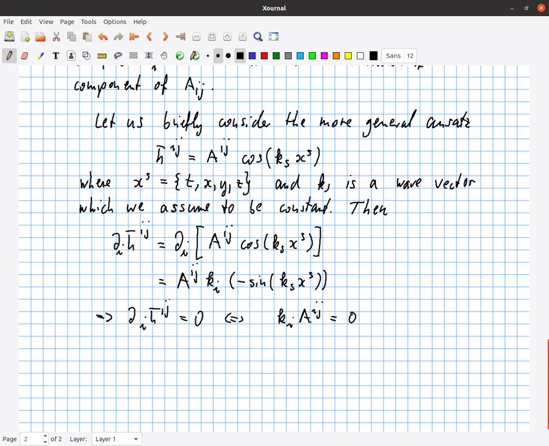And these 4 equations again reduce the number of independent components. This also shows that A ij has at most 6 independent components.